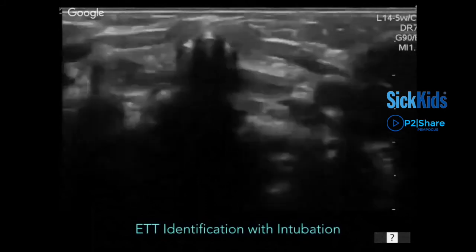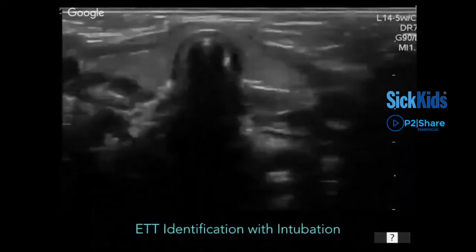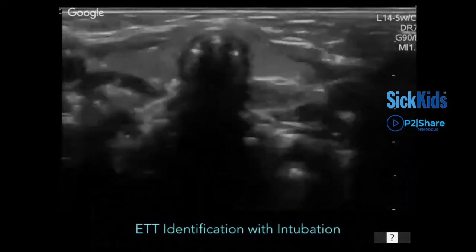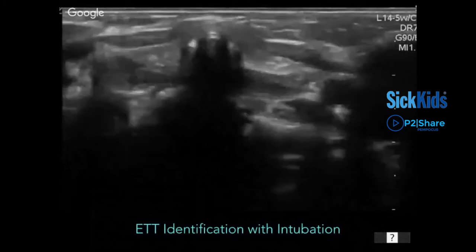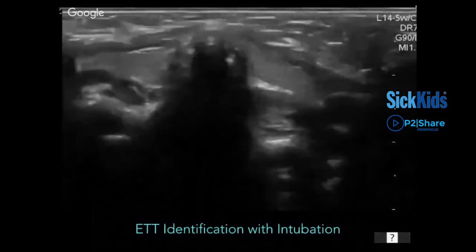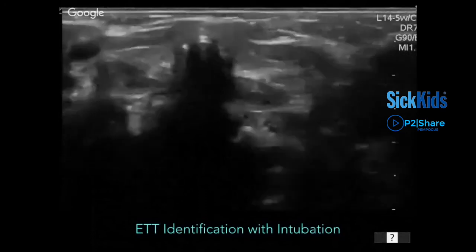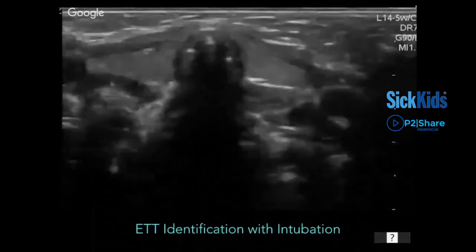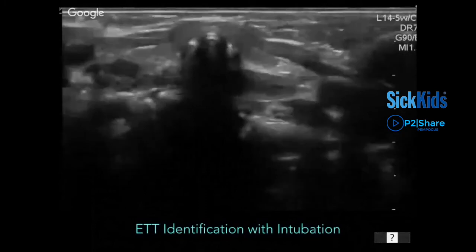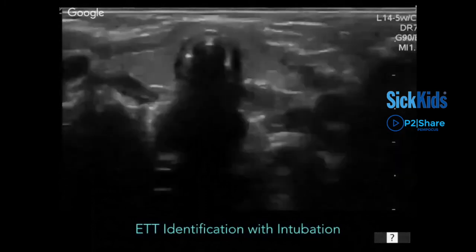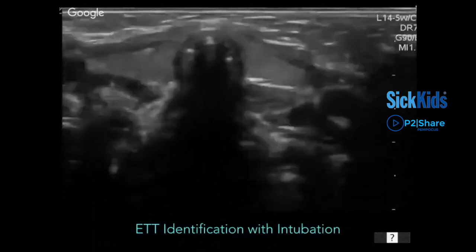All my other signs pointed to it being in the trachea, and when I looked back, there was an NG tube there. So don't be confused by your NG tube, which will mimic the exact same thing. The other limitation is you don't know how deep you are, and we'll talk about how to figure that out. This only tells you it's in the trachea or the esophagus. It doesn't tell you if you're too high or too low.